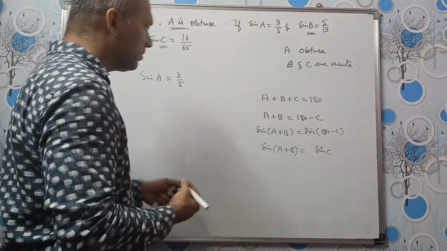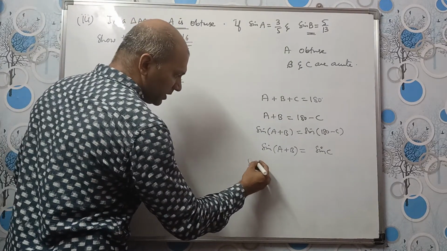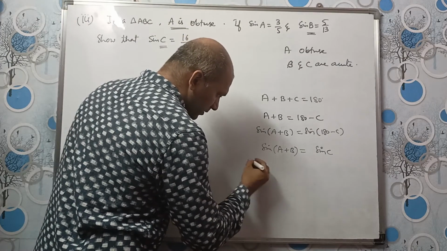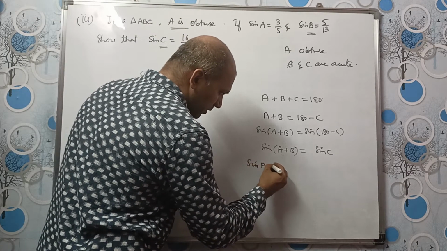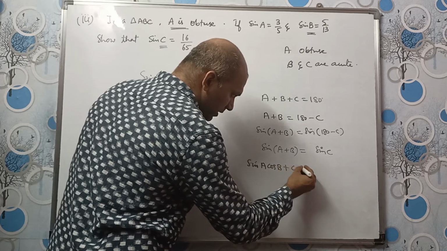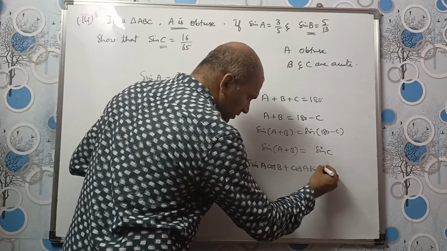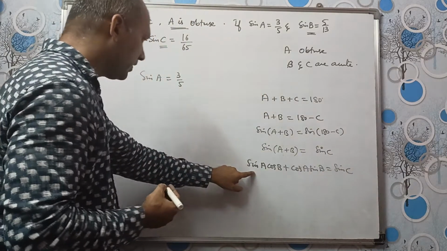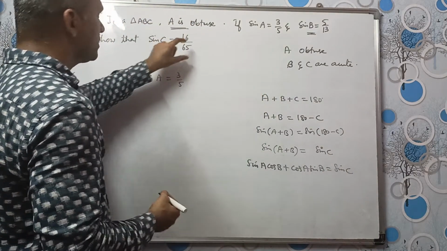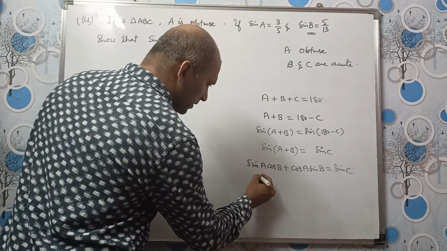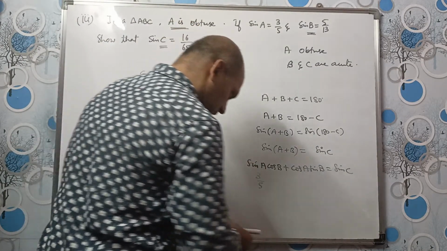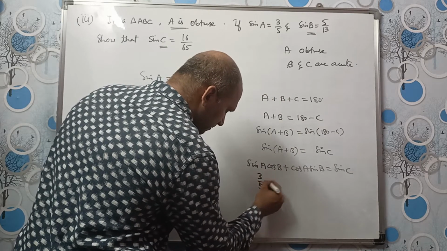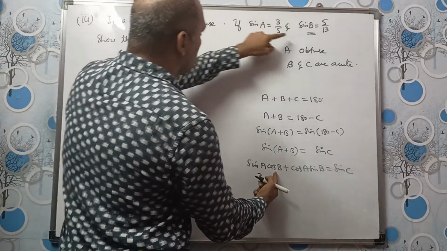So what is sin of A plus B? Sin of A plus B is sin A cos B plus cos A sin B. So this will be equal to sin C. Sin A is given, 3 by 5. This is 3 by 5 multiplied by cos B. Cos B is not given.